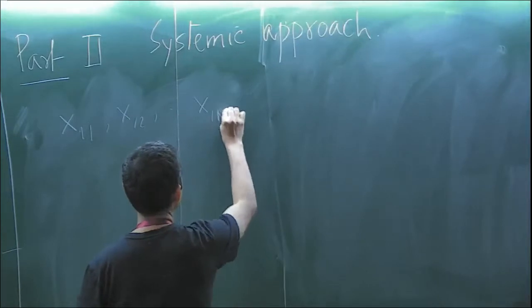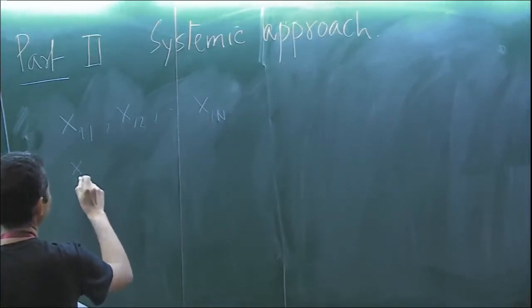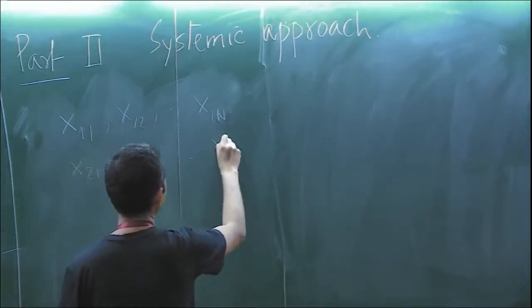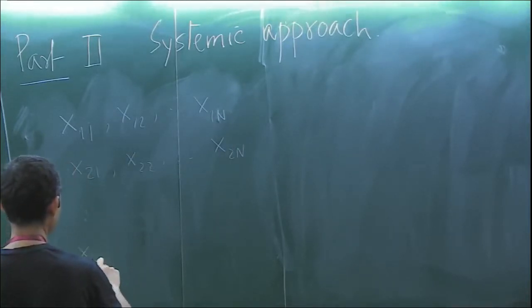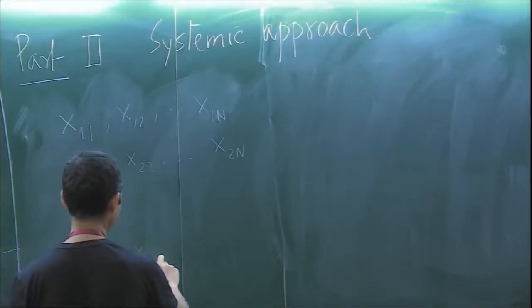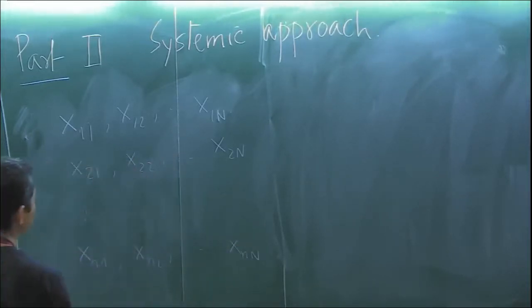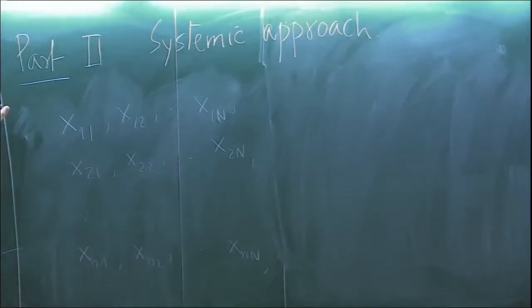Let's call it n. Then x21, x22, up to x2n, and so on down to xn1, xn2, up to xnn. So imagine that you have this whole set of random variables.